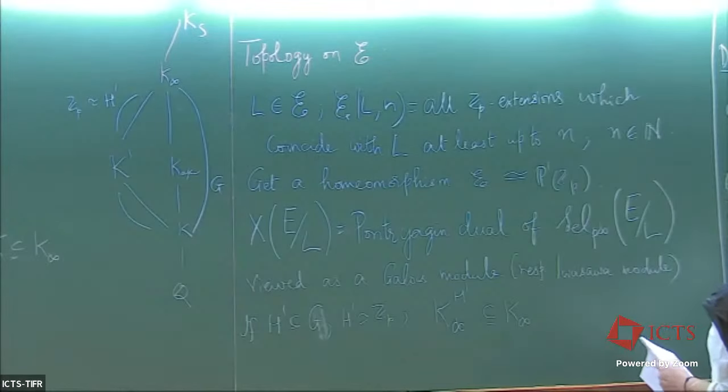And then the third property, about the behavior of P: every prime in SP is totally ramified, or ramifies is enough, in K infinity H over the cyclotomic extension. Of course, it's totally ramified.